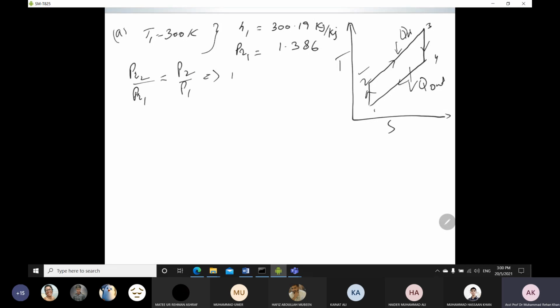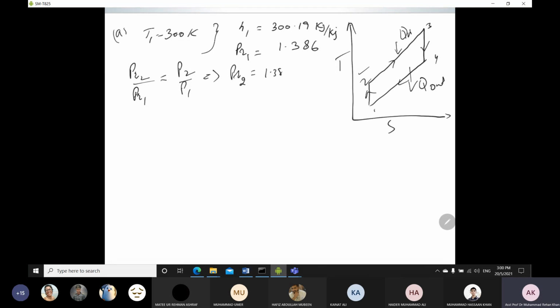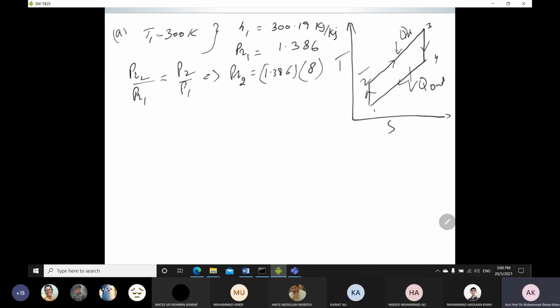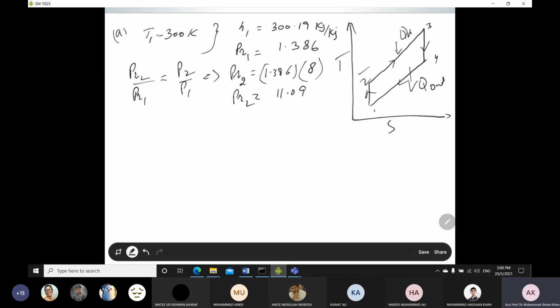From here we can easily say that PR2, because PR1 is known to us, 1.386 from the thermodynamic table, and P2 over P1 is the pressure ratio RP, which is known from the question as 8. Simply multiplying by 8, PR2 turns out to be 11.09.